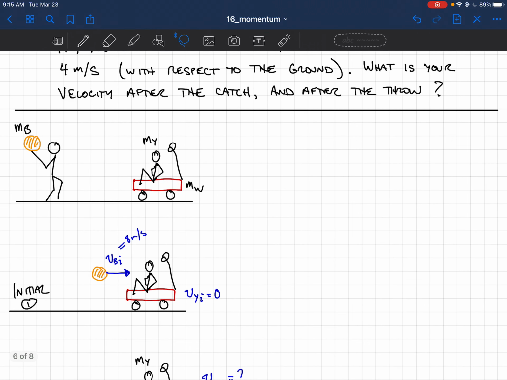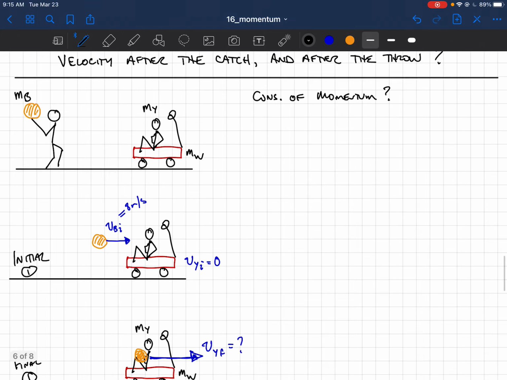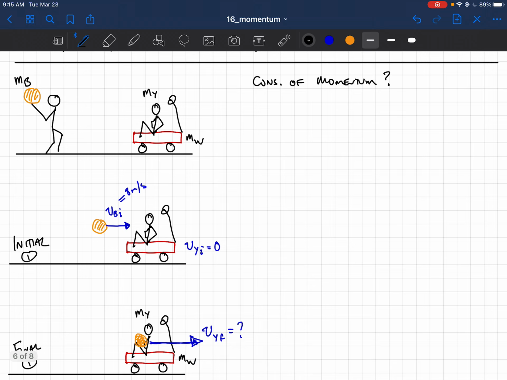So let's do it. Our basic principle is conservation of momentum. And let's put a question mark after it, because remember, we can only use it during certain cases. So the idea is we're allowed to use conservation of momentum when there are no external forces on the system.